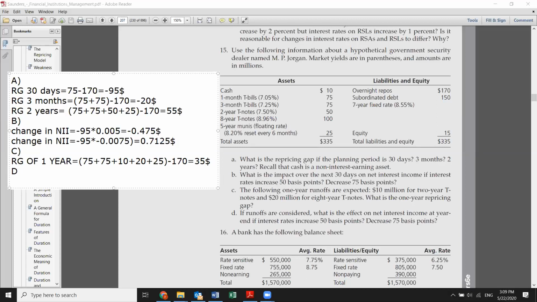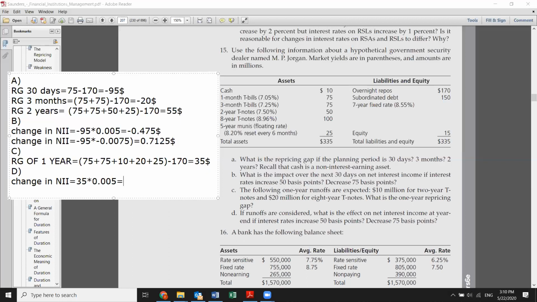Part D. In part D, it says, if the runoff are considered, part C, what is the effect on the net interest income at the year end if the interest rate increased by 50 basis points and decreased by 75 basis points? So we need to apply how it will affect our 35. First, the change in net interest income will be 35 times 0.005.